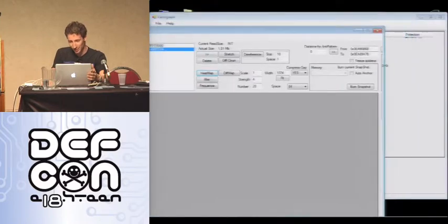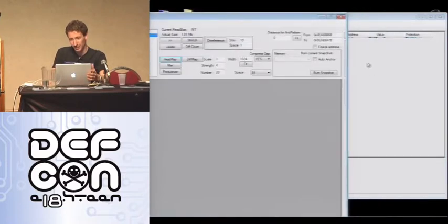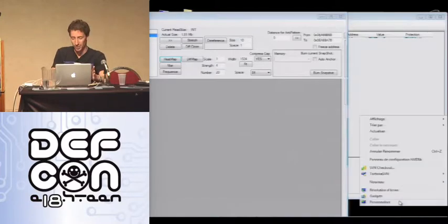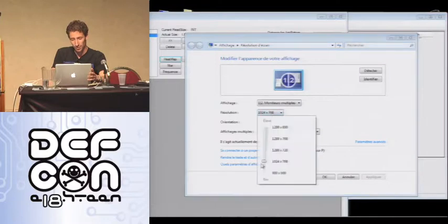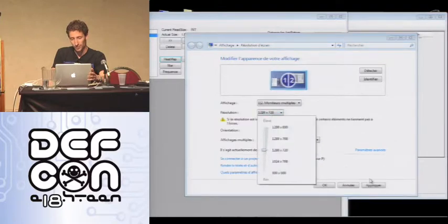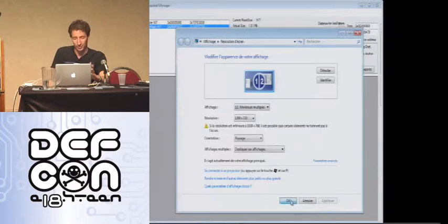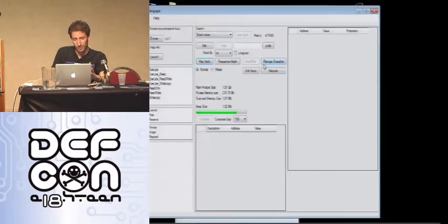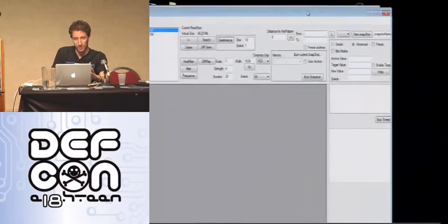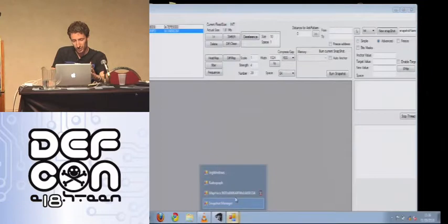I can do my snapshot. I can access my screen. I will try to change the resolution just for a minute. Hope it will work. Okay, just a second, sorry. Okay, it's better on my screen. I just have to do the manipulation again.